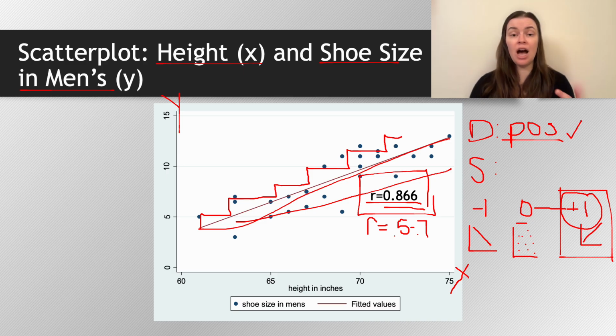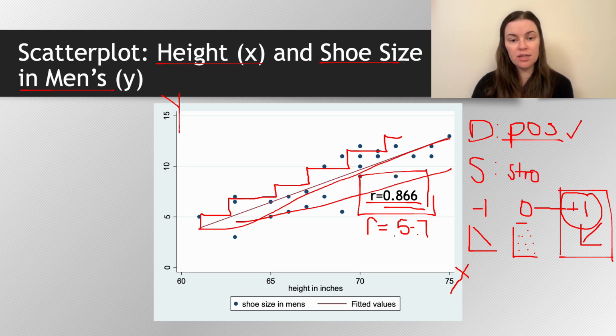Again, perfection on either side of these scales is going to be extremely rare in actual circumstances. And so our strength is very high at this point, and I would again articulate this as a very strong correlation between these two variables.